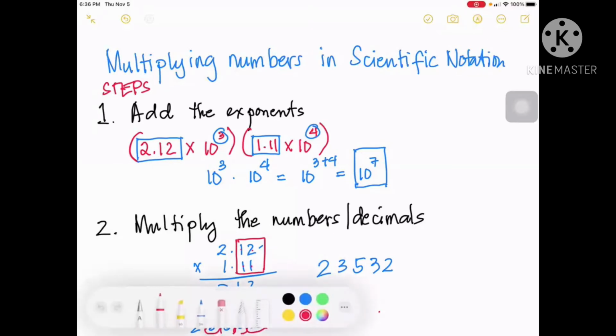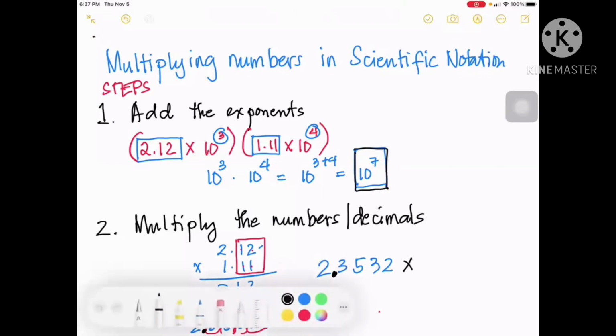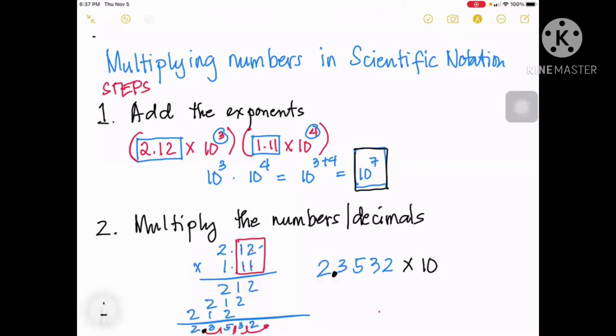And your decimal will be here. So therefore, this will be 2.3532 times 10 to the 7th power. All right, so that is how to find the product of numbers in scientific notation.